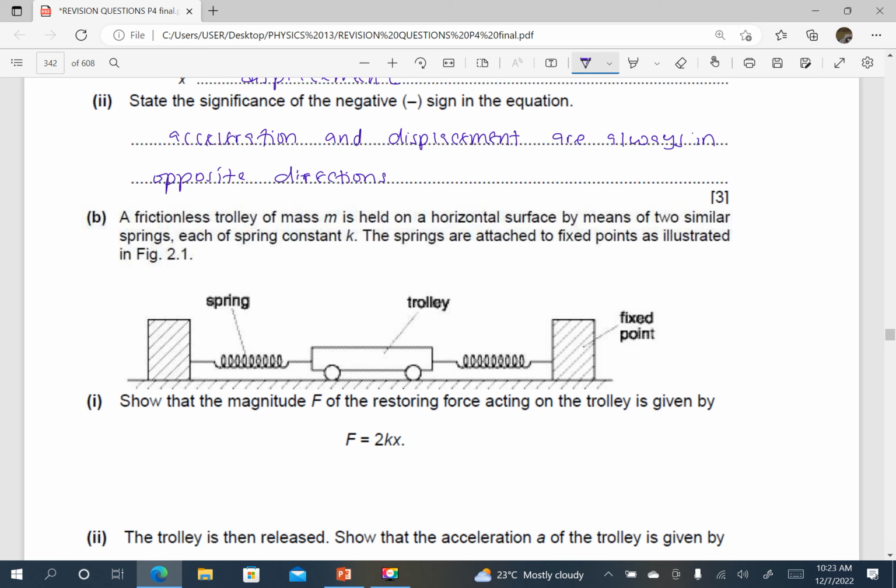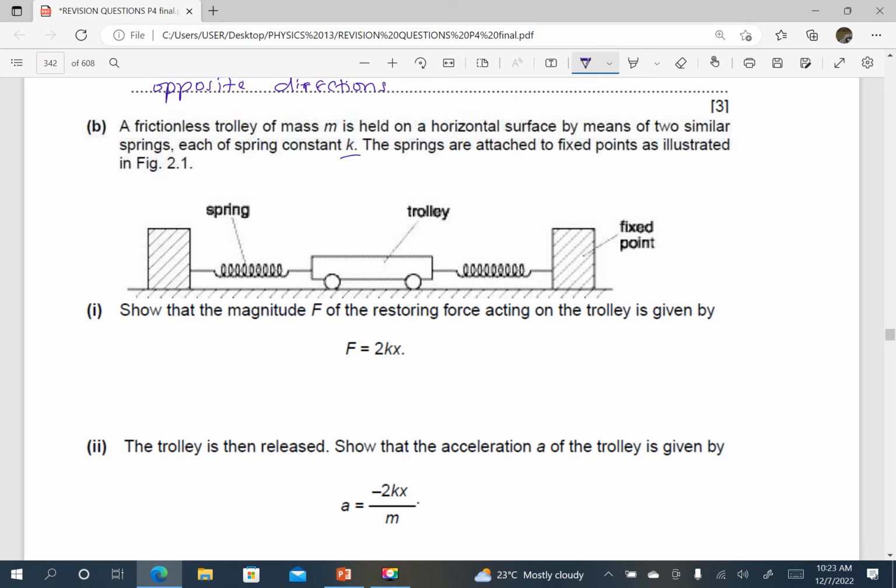A frictionless trolley of mass m is held on a horizontal surface by means of two similar springs, each of constant k. The springs are attached to fixed points as illustrated here. Show that the magnitude F of the restoring force acting on the trolley is given by this expression here. So let's look at these trolleys.